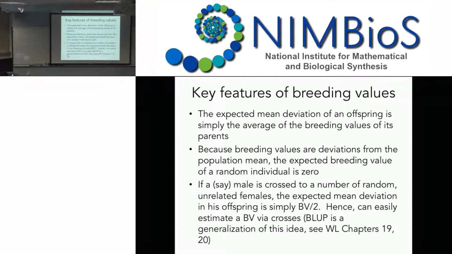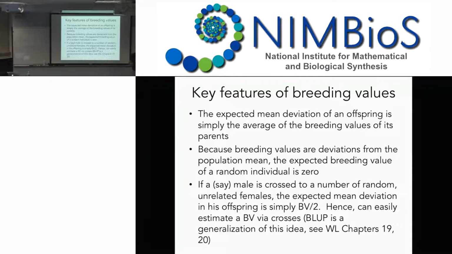That concept means you can actually estimate breeding values directly. If I pick a random individual, close my eyes and pick one of you, some are above, some are below, but on average, your breeding value is 0 because it's a deviation from a mean. So if you want to know my breeding value, you take me and cross me to a large number of unrelated random individuals.